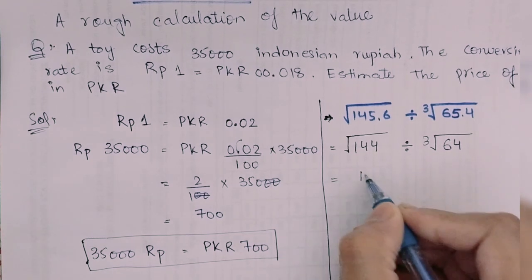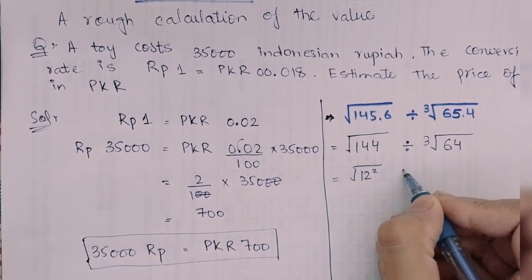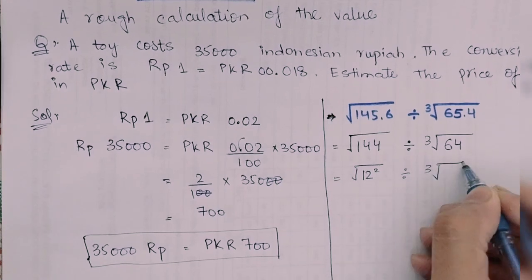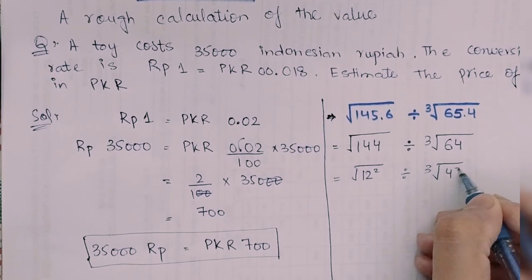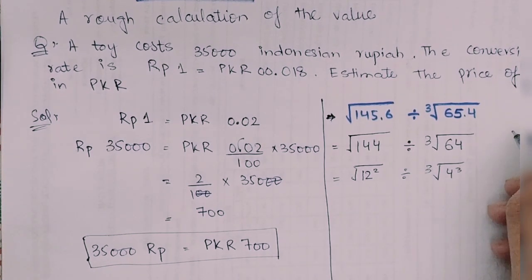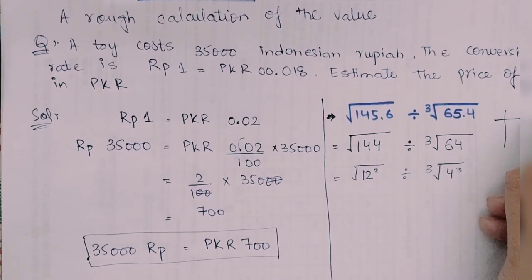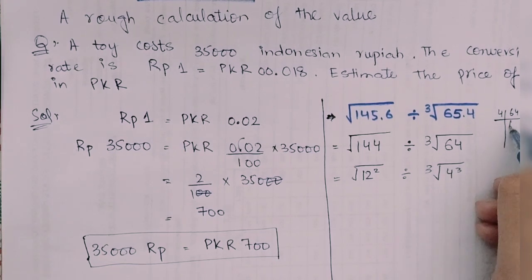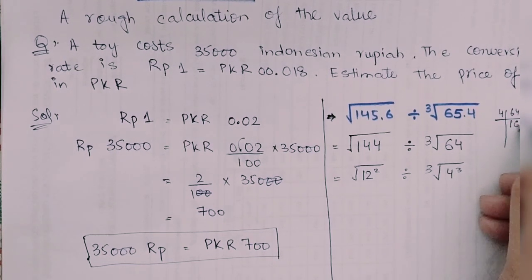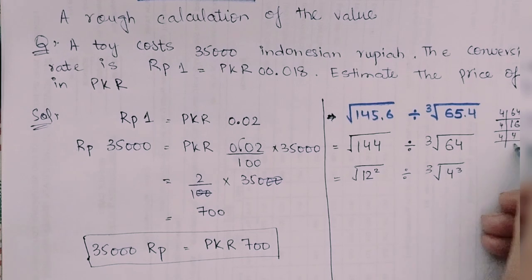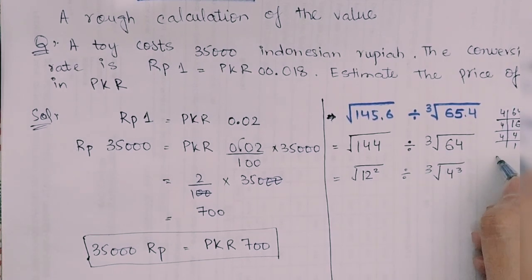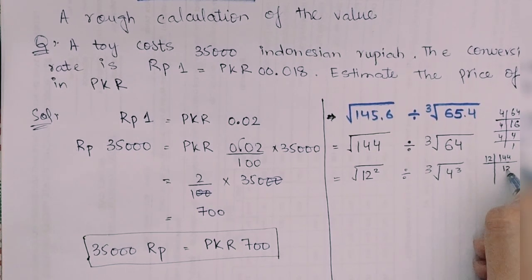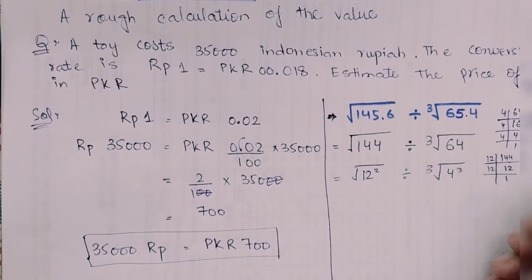It becomes the square root of 144 divided by the cube root of 64, and 64 can be written as 4 cubed. For your convenience, I am making the factors here. 4 power 3 becomes 64, and 144 if you divide by 12 it becomes 12, and when you divide it again by 12 it becomes 1.